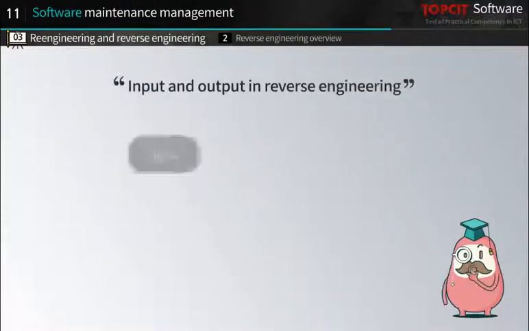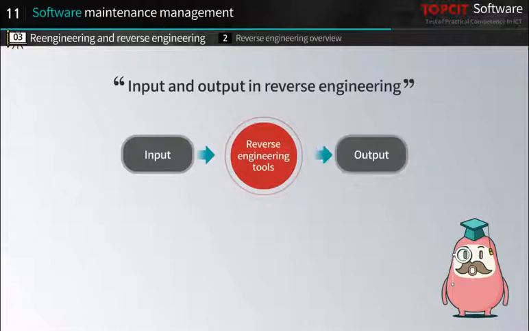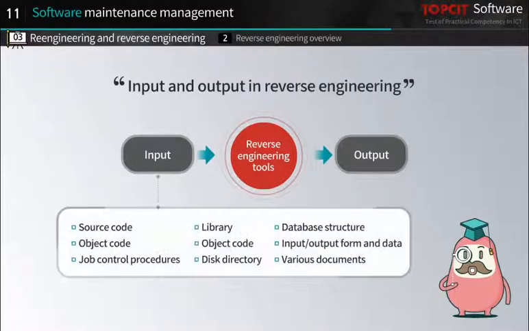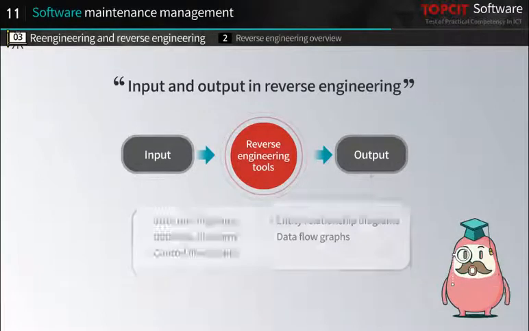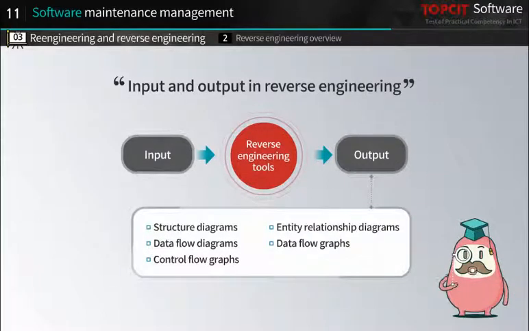So let's look at the input and output used in reverse engineering. First, input types include source code, object code, job control procedures, library, disk directory, text data, database structure, input-output form and data, and various documents. Output types include structure diagrams, data flow diagrams, control flow graphs, entity relationship diagrams, and data flow graphs.